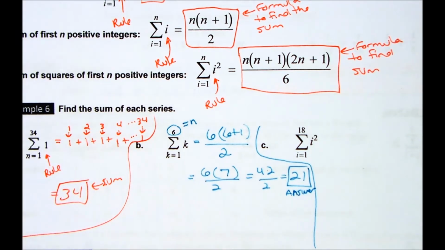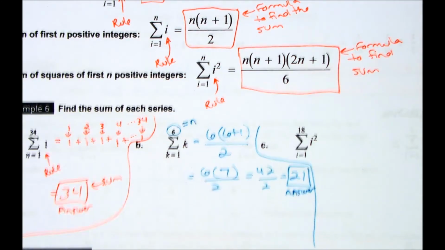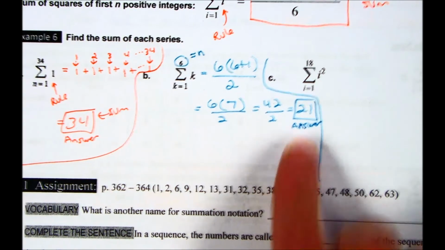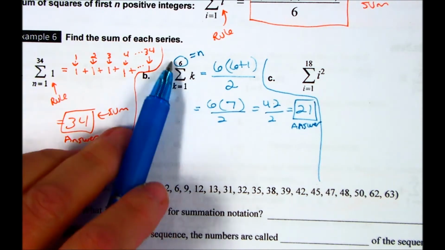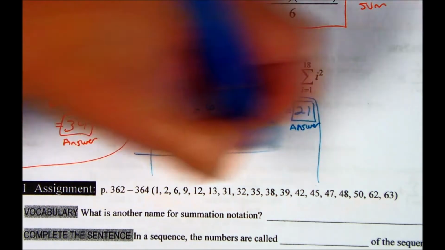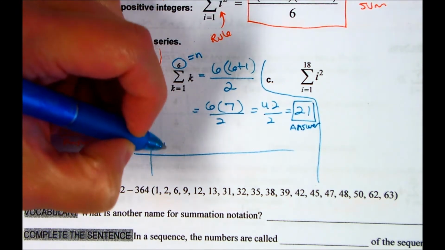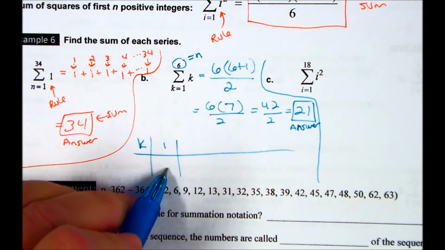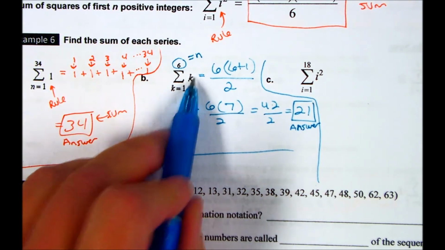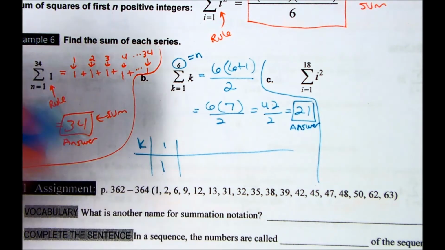And in the last one, 34 would have been my answer, because that's the sum. Well, let me show you why this is going to be 21. Because we're only going from 1 to 6, it's not going to be hard to show it. So if my K value is 1, my output is also 1, because the output is K. So whatever the input is, the output is going to be the same thing.